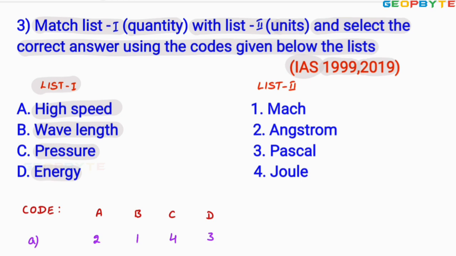Under list 2, Mach. Dear friends, here Mach means Mach number, generally denoted by M. Mach number, angstrom, Pascal, Joule.